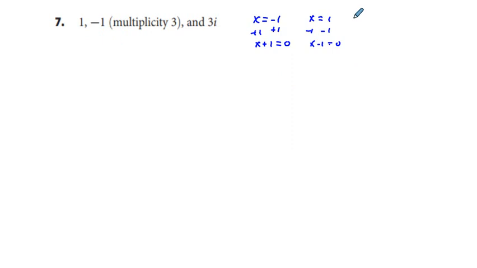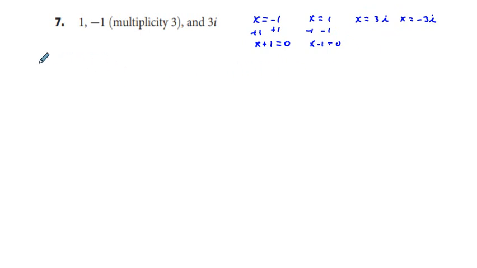And for the 3i, because of the same thing I mentioned earlier, we have x equals 3i and x equals negative 3i, because whenever we have a complex, non-real root, they come in pairs also, just like that square root.